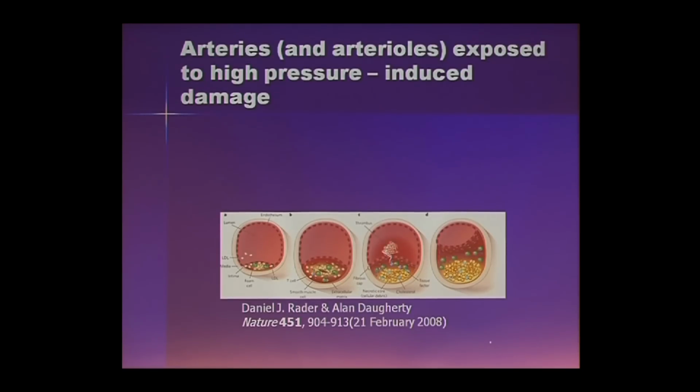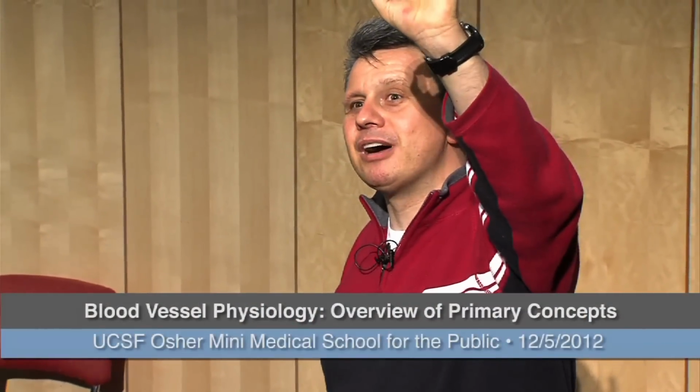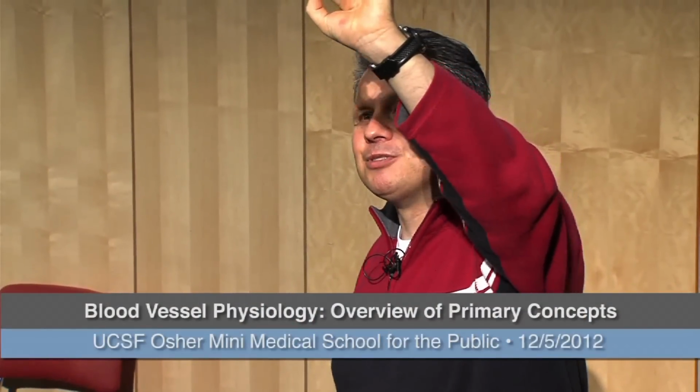And that thrombus can break off. Since it's in arteries, if it breaks off and flows downstream, what's happening with the caliber of the arteries as you go downstream? It gets smaller. And what happens with the thrombus? It gets stuck. That is what happens most typically in your myocardial infarction.